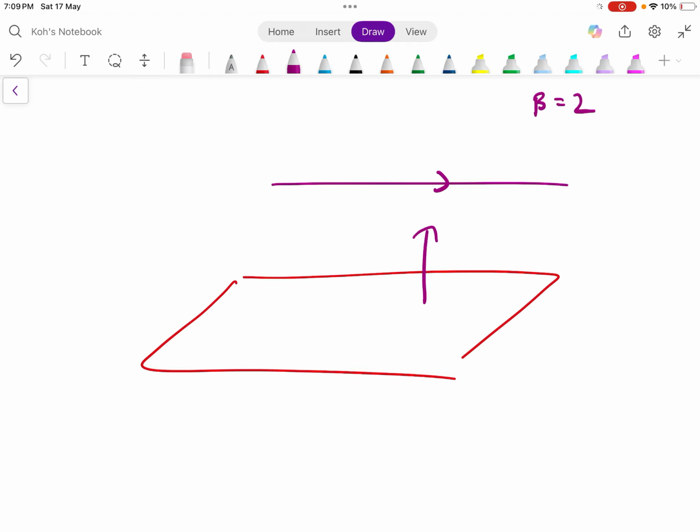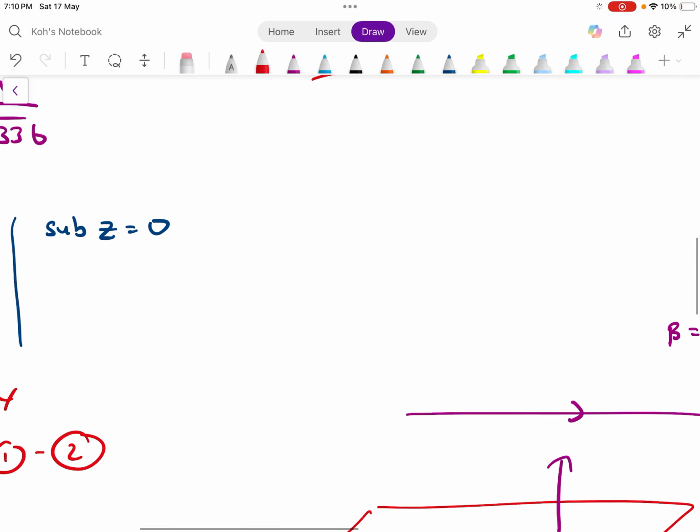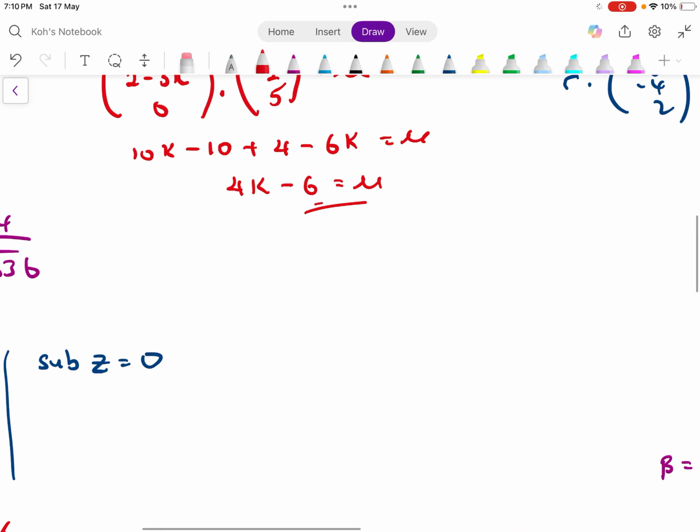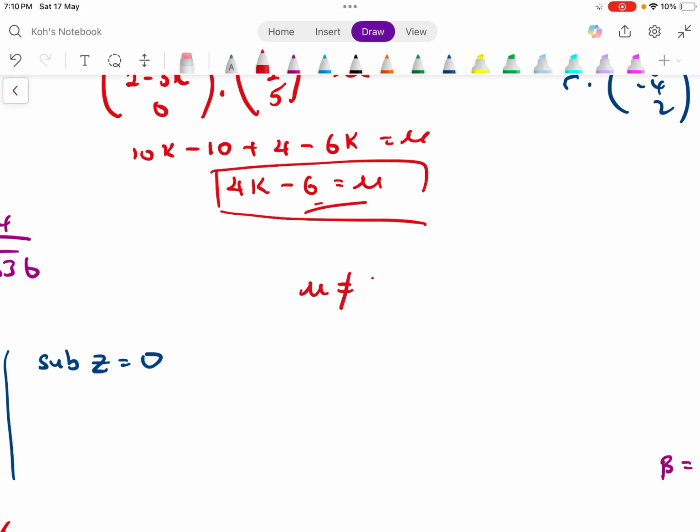Beta will never change, but something else will, because the line doesn't lie on the plane. Just now I got mu equal to 4k minus 6, so I must say that mu is not equal to 4k minus 6. So that is how we do this question. Quite a long question, to be frank.